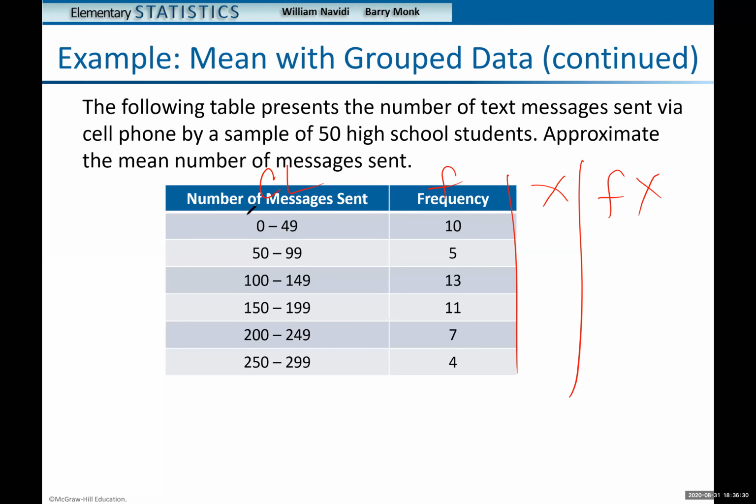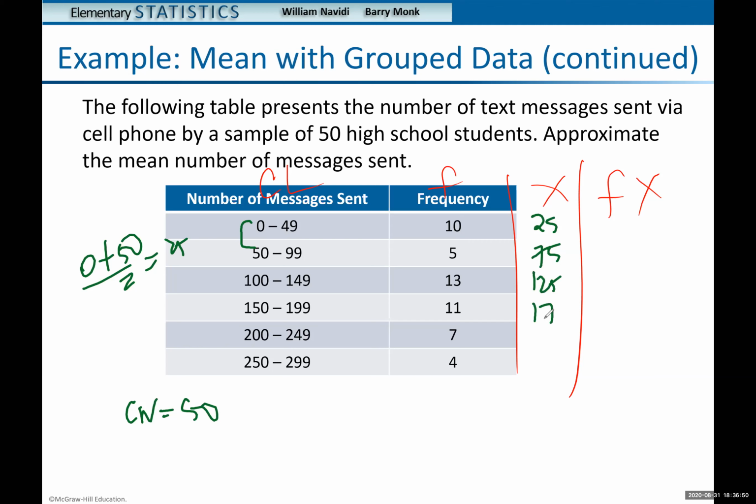So 0 plus 50 divided by 2 is equal to 25. Very good. And what is the class width here? 50. So all you have to do is just add 50 here. So 25 plus 50 plus 50 plus 50 and plus 50.